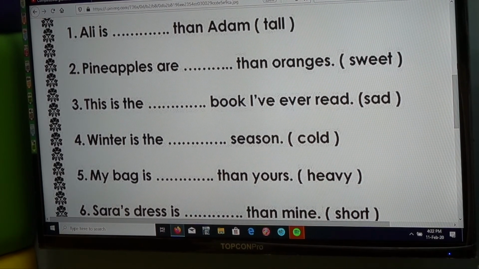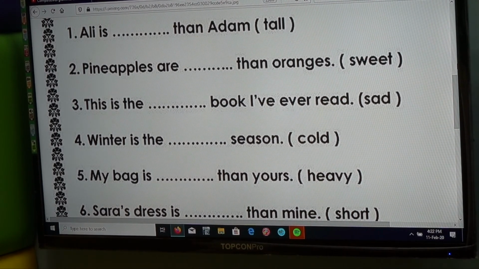So basically, you have read lots of books, right? It can be probably more than 3 books. So do we use comparative or superlative? Superlative, right? Because there are more than 3 things, more than 3 books. I bet that you have read more than 3 books in your whole life, right?